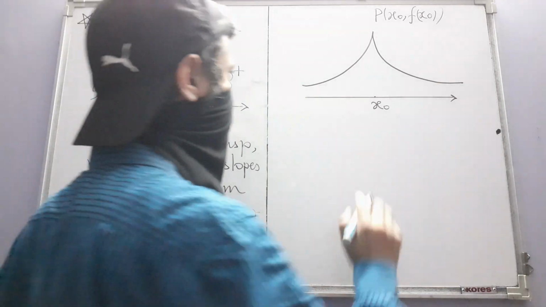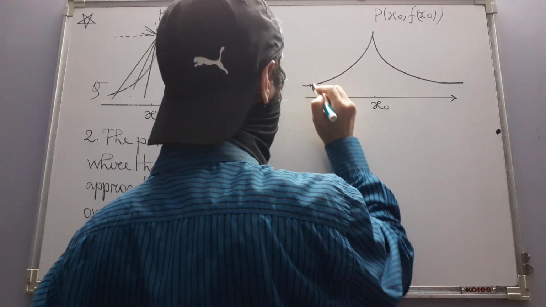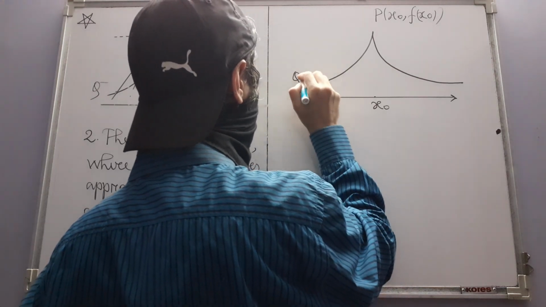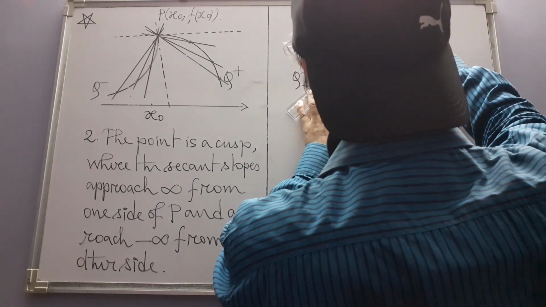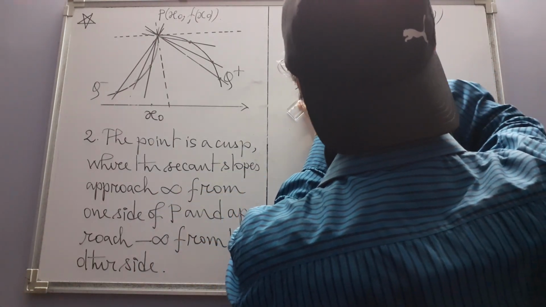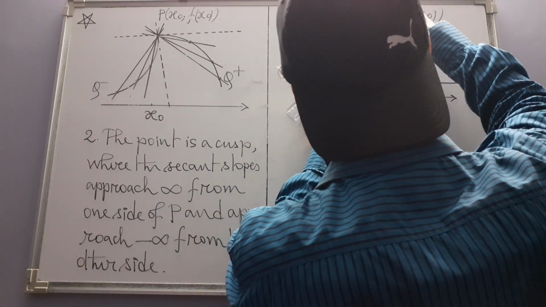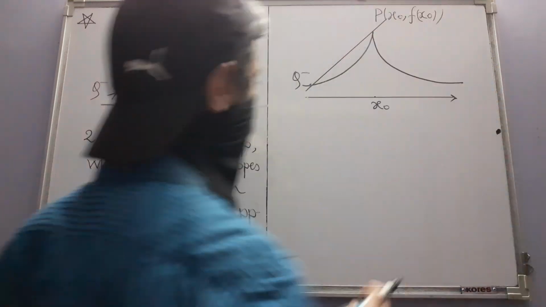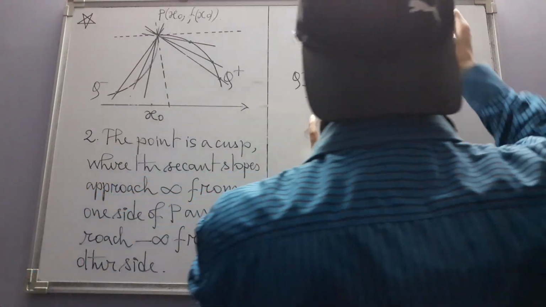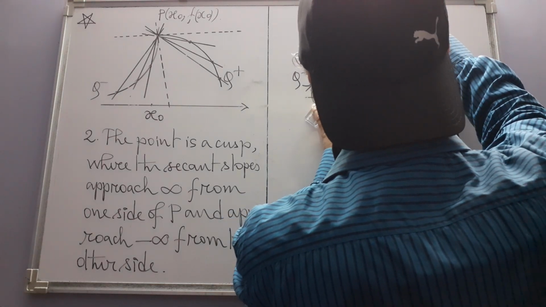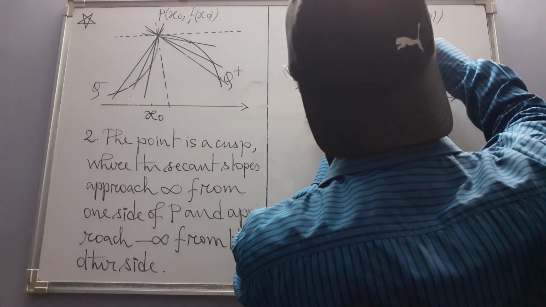Here, if we run that process, similarly, say this is my Q negative, then the first secant from this position is going to be like this. Okay. Then I move my point Q closer to P, and the secant moves.